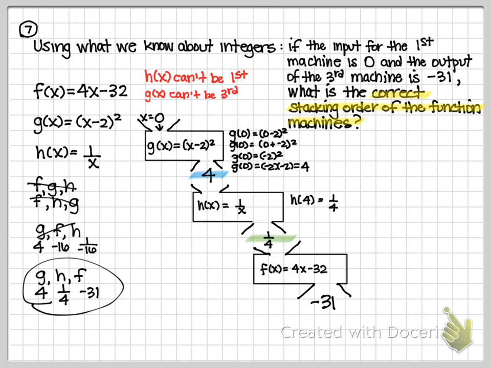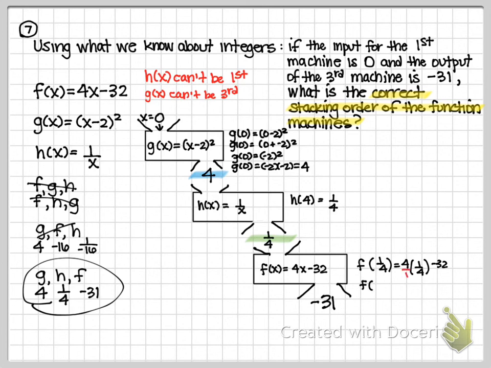All right, I'm going to go ahead and plug my 1/4 in. So f of 1/4 is going to be 4 times, oh, I didn't use my parentheses. Sorry about that. Times 1/4 minus 32. Gives us some more practice with fractions. Remember, you want to make sure that this looks like a fraction as well. And then we multiply straight across.